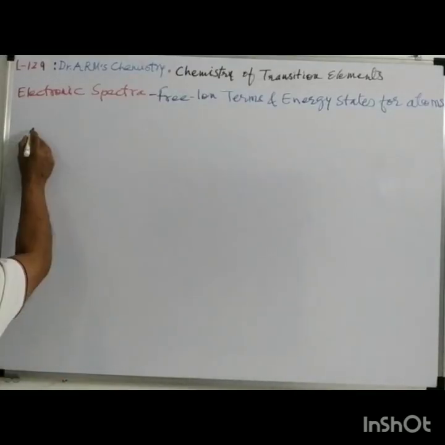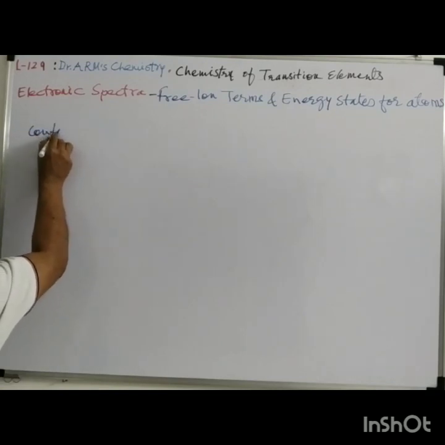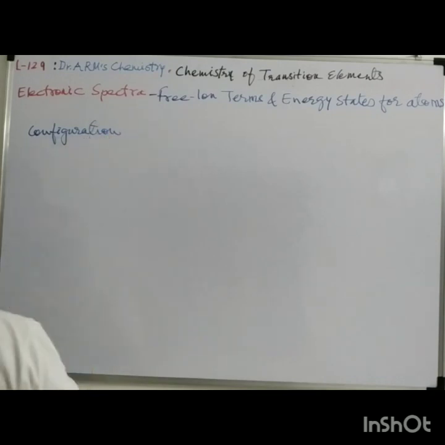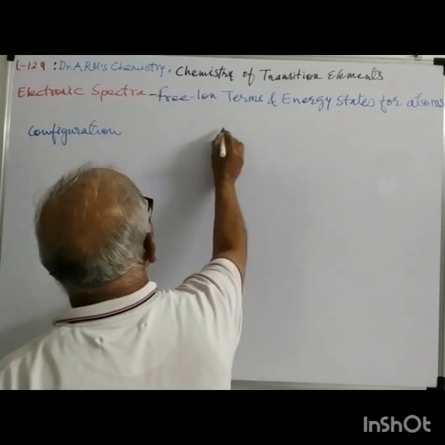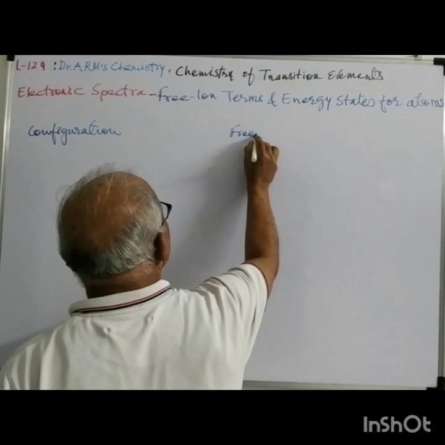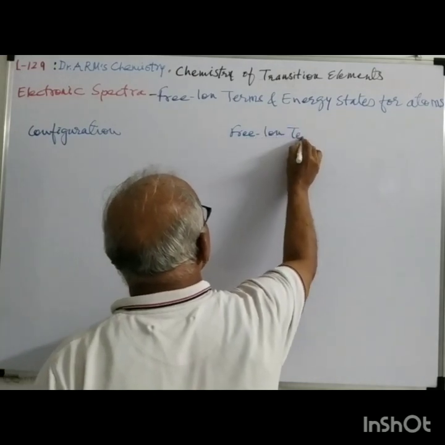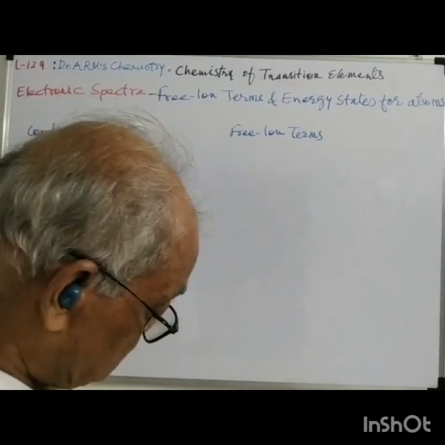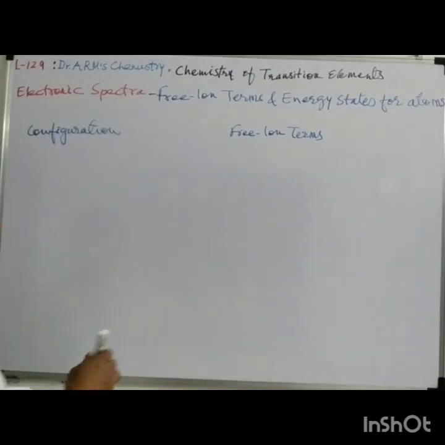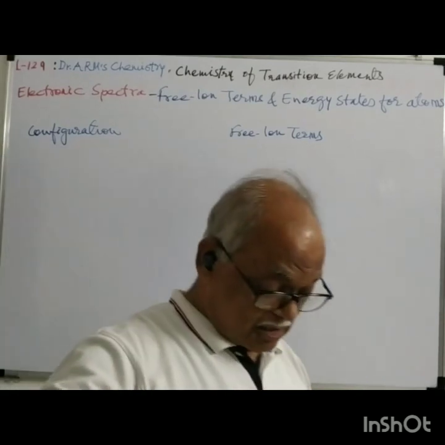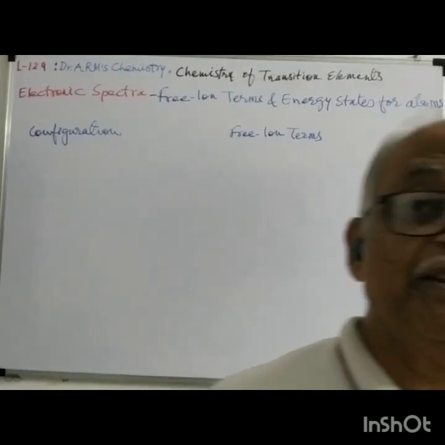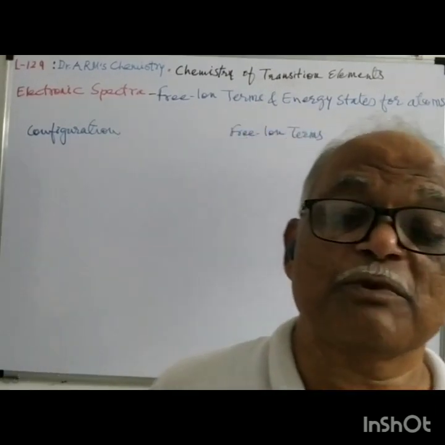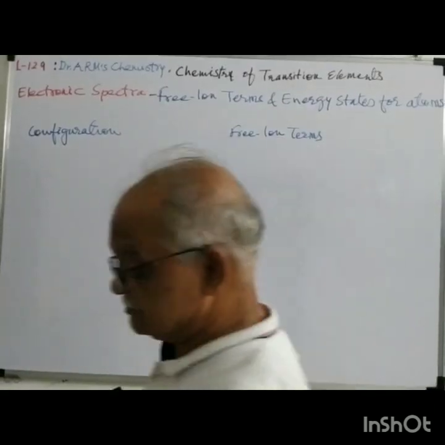So we will see the configuration and we will show here the free ion terms. Now we will have the example of d orbitals, in which the electron configuration ranges from d1 to d10.